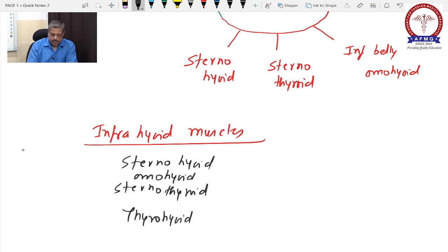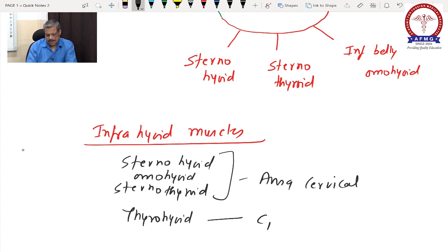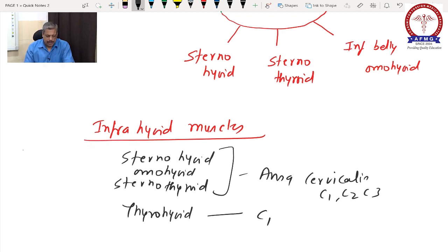Clear? So see, these three muscles are supplied by ansa. Thyrohyoid is supplied by C1. Keep this in mind. Ansa cervicalis root value C1, C2, C3. Thyrohyoid is supplied by C1. So all the muscles are supplied by ansa cervicalis except thyrohyoid.